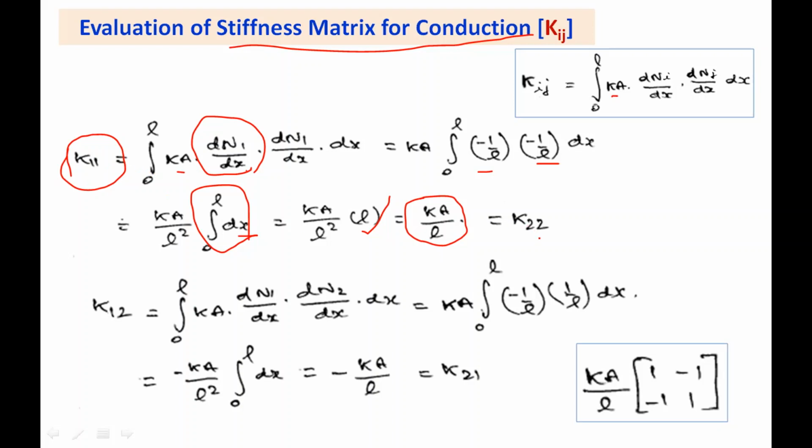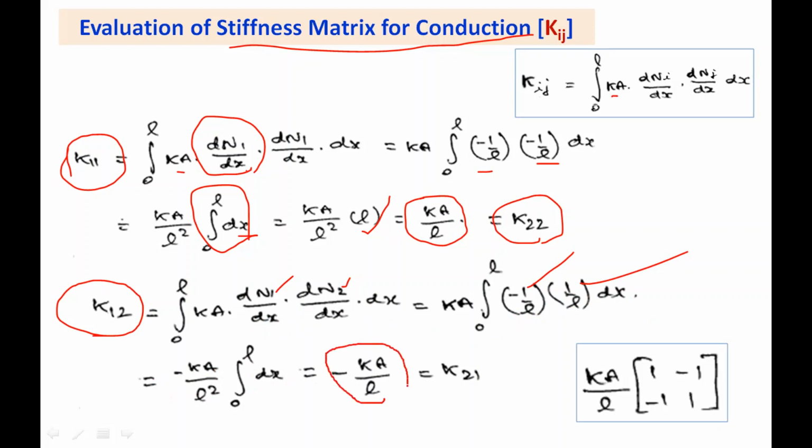When you find K22, we also get the same term, Ka by L. Similarly, when you try to find the K12 element, what is K12? Integral 0 to L Ka dN1 by dx into dN2 by dx. Substituting, dN1 by dx is minus 1 by L and dN2 by dx is plus 1 by L. When you multiply these, you get minus Ka by L square integral dx.